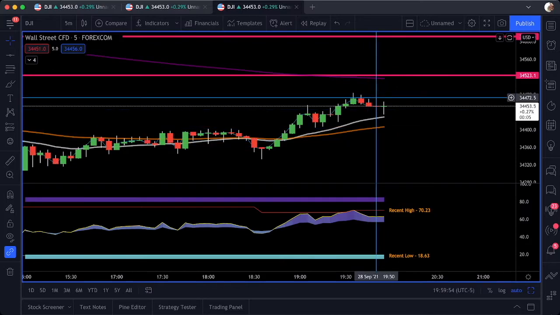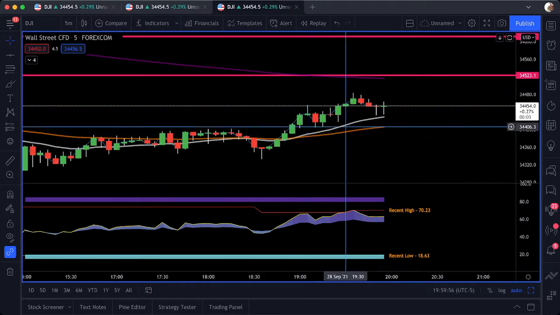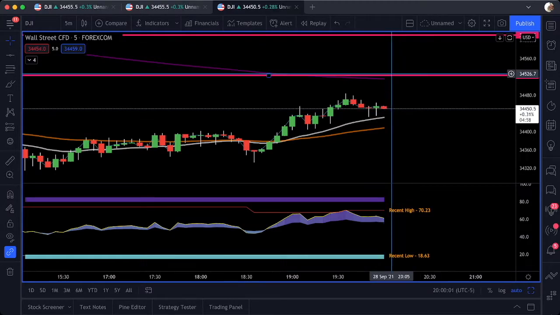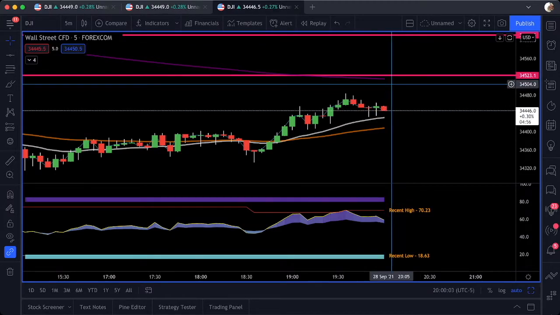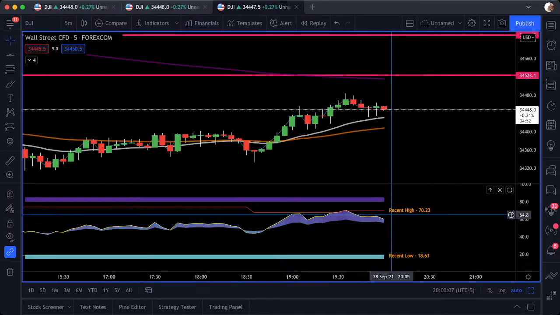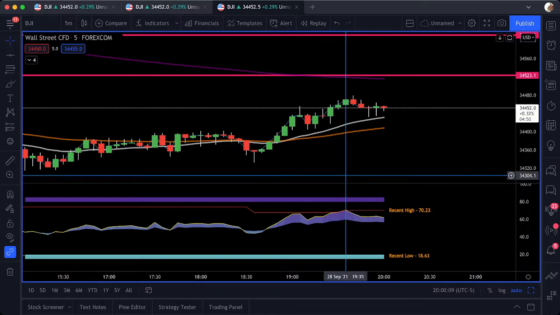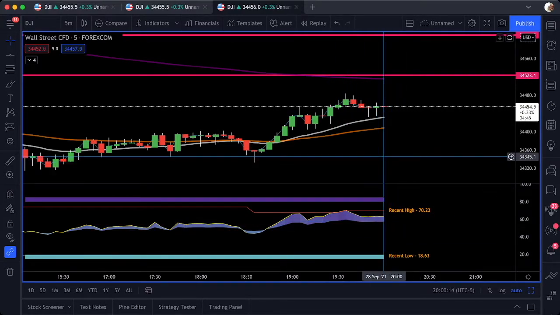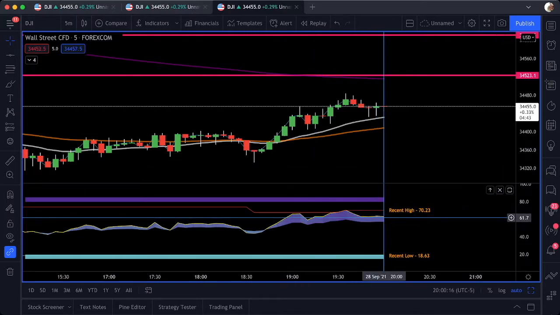So I definitely expect it to keep staying as a support for a little bit, especially if it makes it back over the 200. But as you can see, the RSI is also fairly high right now. Let's see.